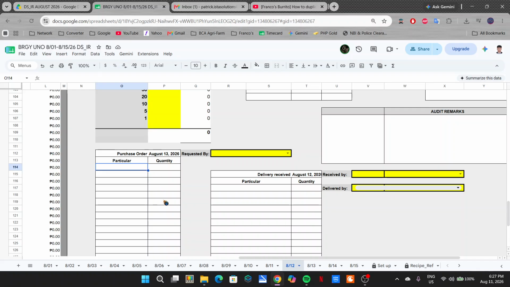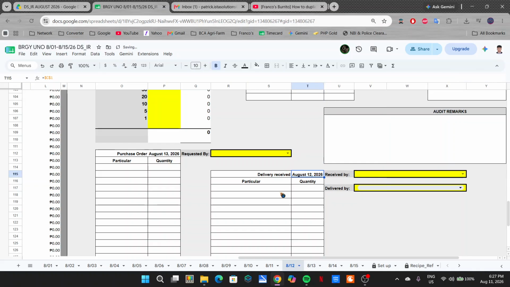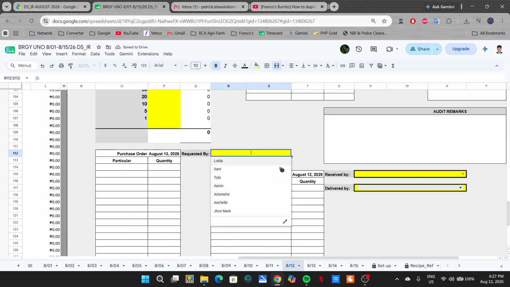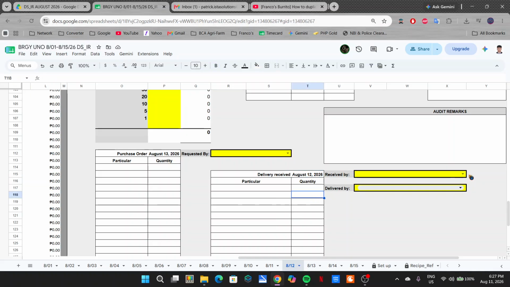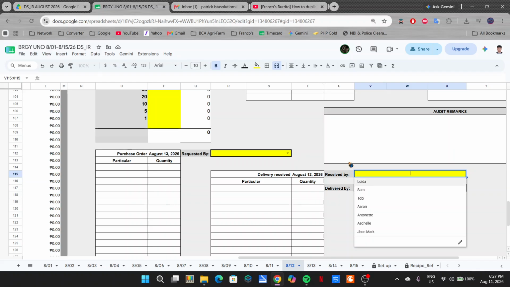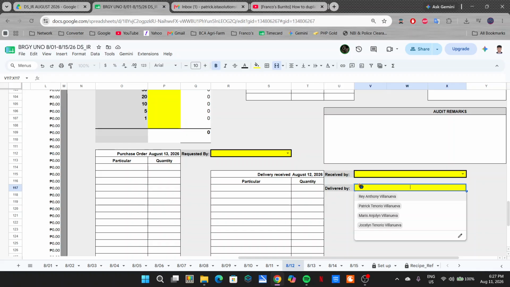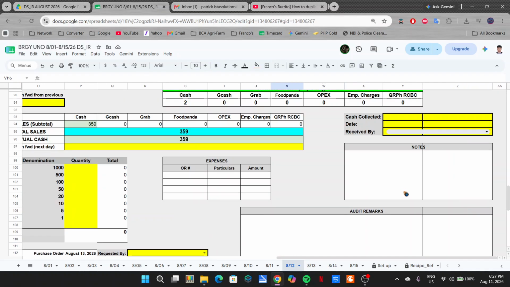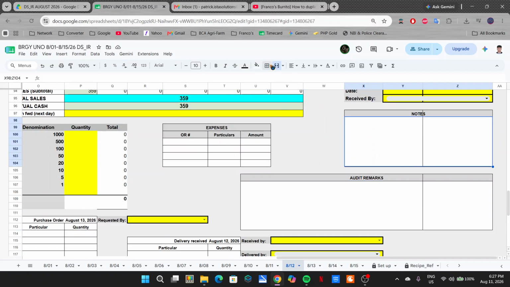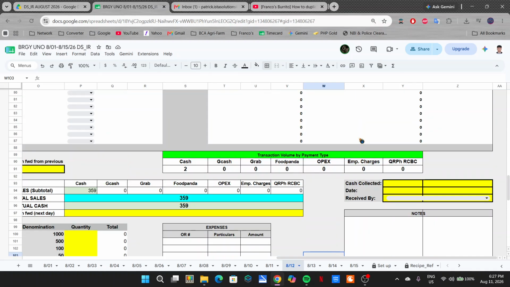That means the PO that you will be preparing for the next day, meaning that will be delivered the next day, and of course your delivery receipt for today. And who requested this? And who received the delivery receipt, the delivery of the PO, okay? And who delivered the PO, all right? Then the notes and the audit remarks, this is not for you, this is for the auditor, okay?